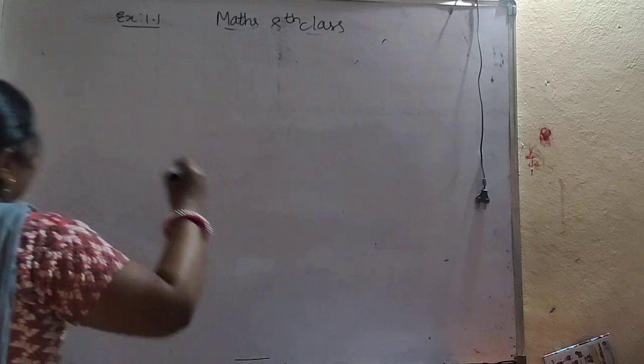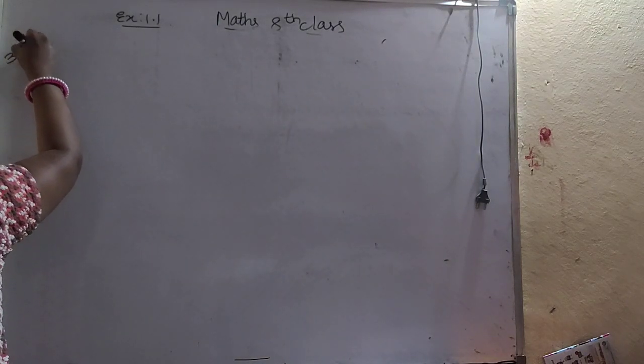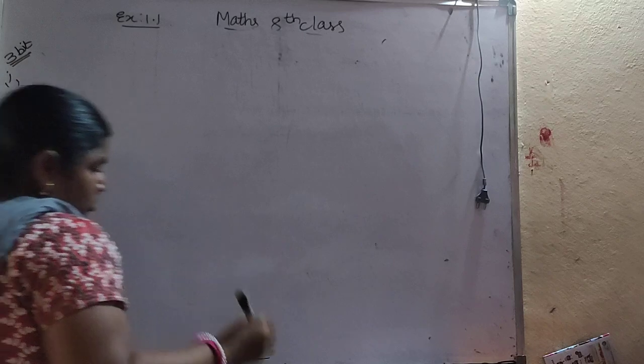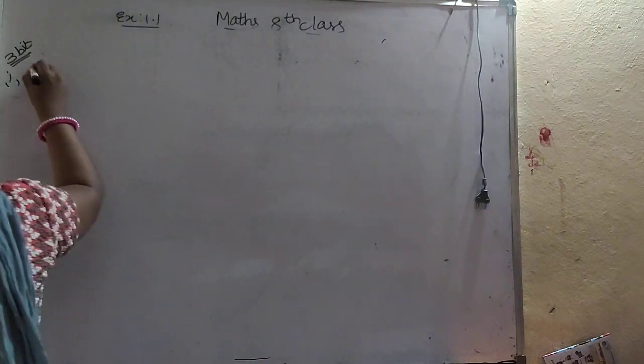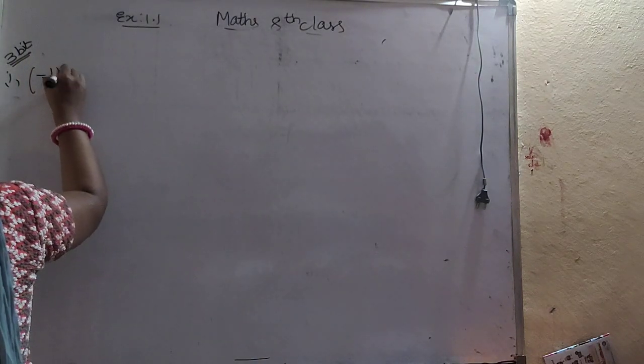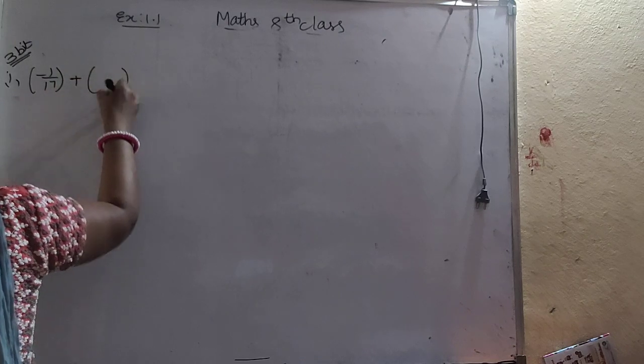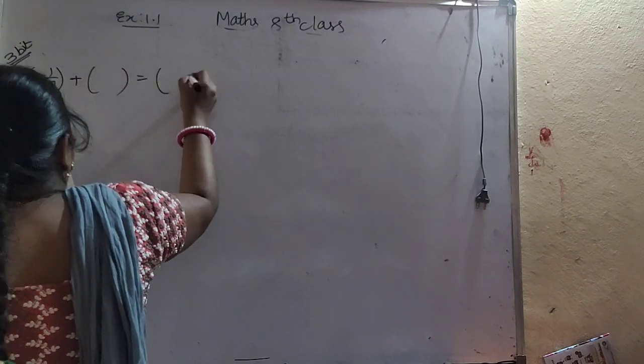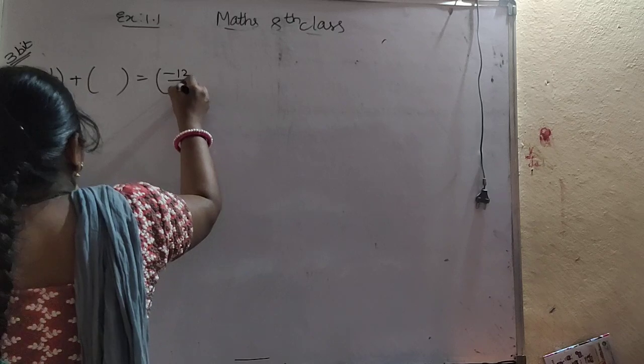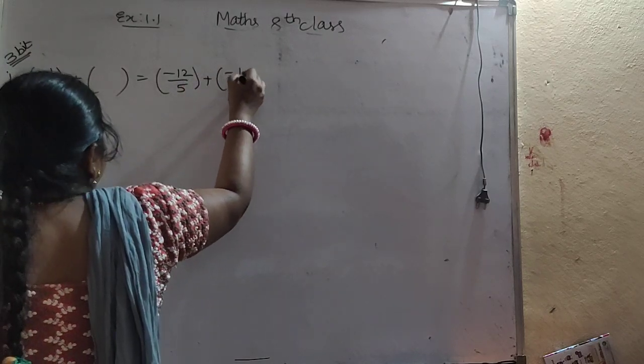Next one, third bit, fill in the blanks. So first one is minus 1 by 17 plus dash equals minus 12 by 5 plus minus 1 by 17.